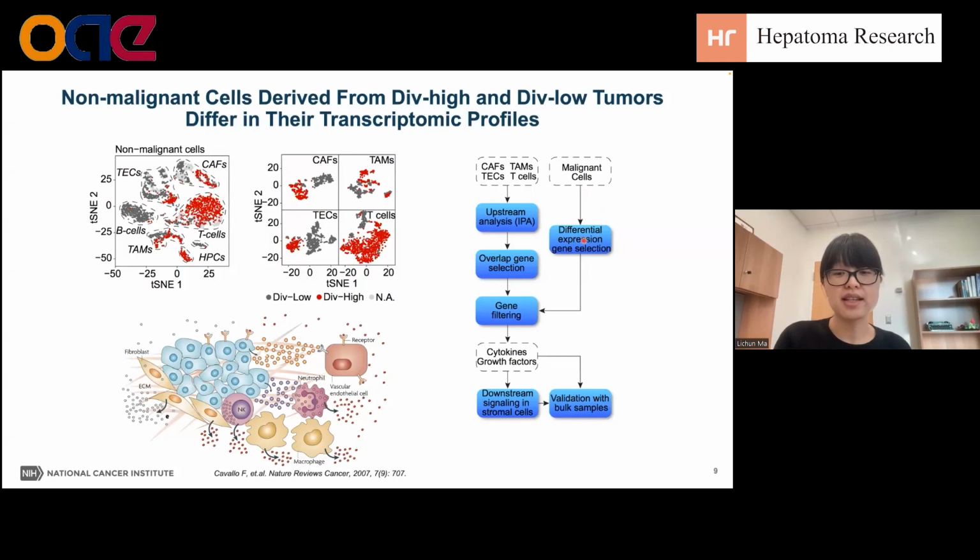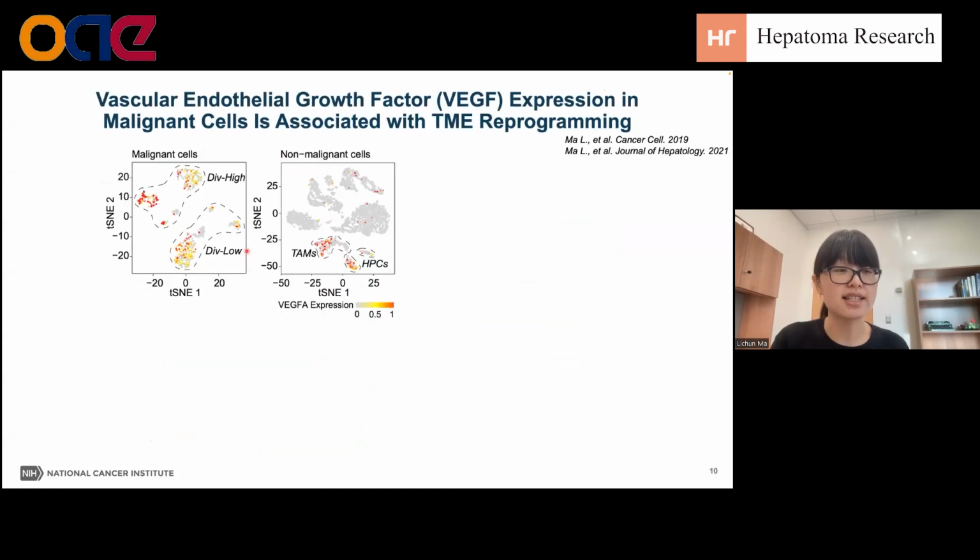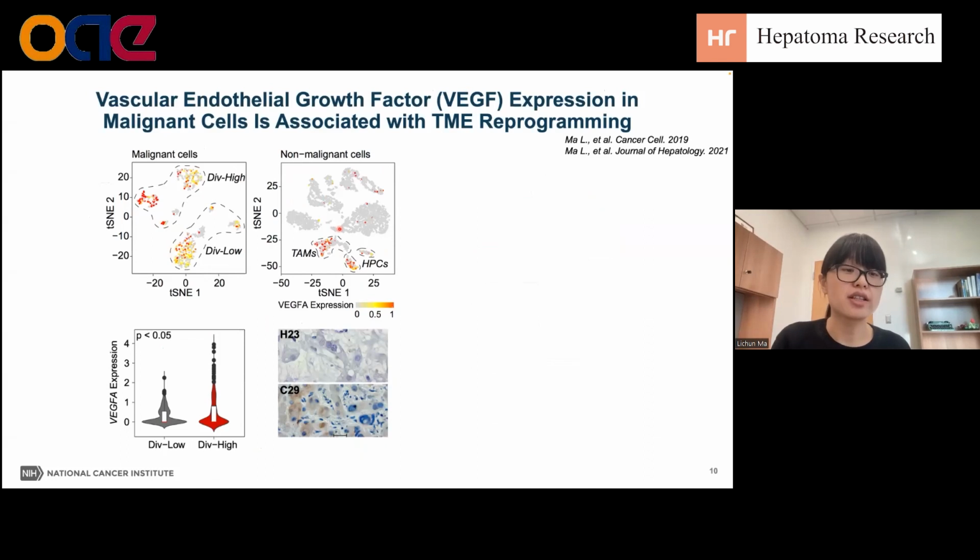By using this strategy, we found vascular endothelial growth factor A, VEGF-A, was a top candidate responsible for tumor microenvironmental reprogramming. And consistently, we found VEGF-A was mainly expressed in malignant cells rather than non-malignant cells. And we also found that the VEGF-A expression is much higher in high-diversity tumors than low-diversity tumors.